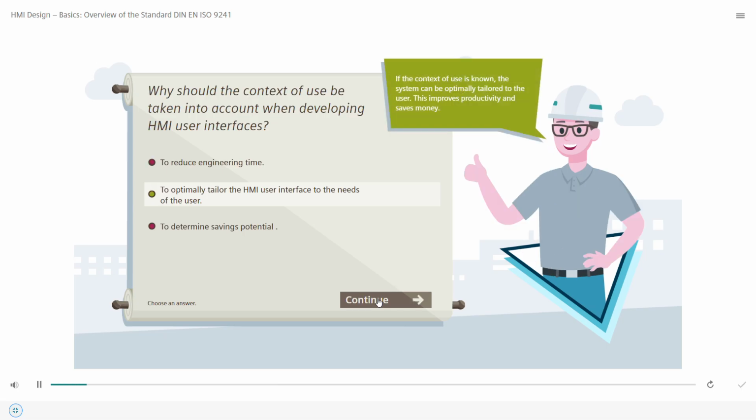If the context of use is known, the system can be optimally tailored to the user. This improves productivity and saves money.